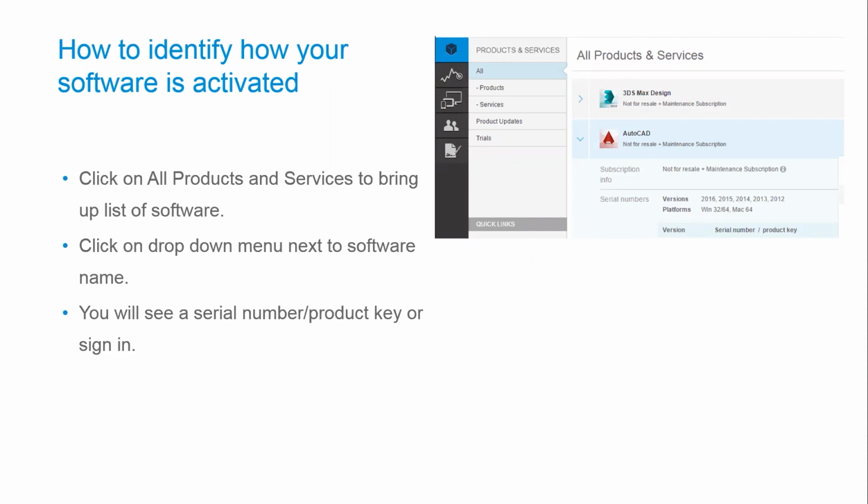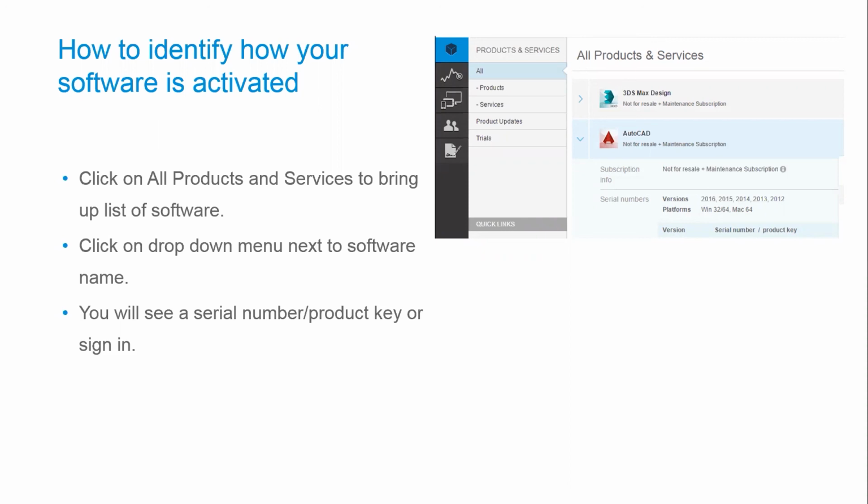And like I said, this stuff is all pretty simple, but I think the main thing that we've been getting a lot of support cases about is people just kind of being confused about how do they identify in their Autodesk accounts whether the software falls under the classic or the new view. Just go to products and services, hit that drop down arrow, and you're going to have to do that on each individual software because we have been noticing that some of the, especially the people with multiple contracts in their account, the one contract, all the stuff will be signed in, but they have an old contract that probably still uses the serial number.